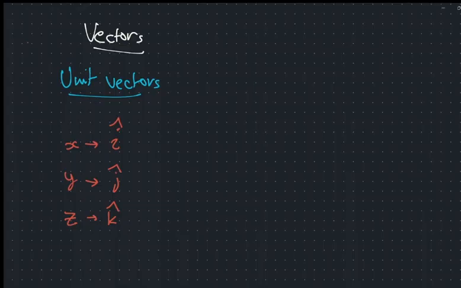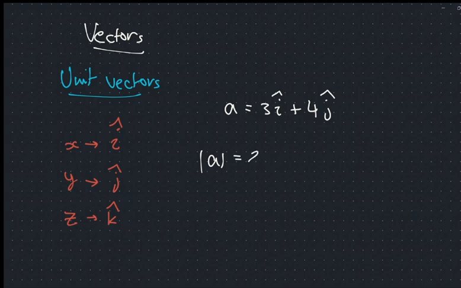Let's say, for example, we have this vector. Let's say that vector A is equal to 3i and 4j, for example. And how do we find its magnitude? We can represent this and then find its magnitude.